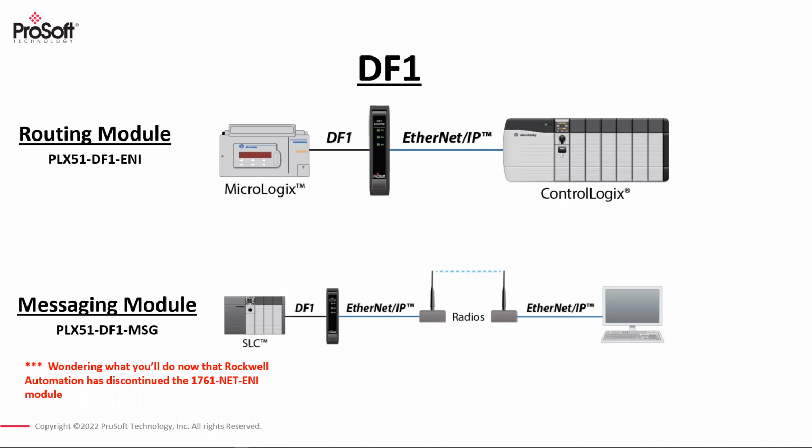There are different ways that we can also use this module, because one of the things that we don't have, and I'll talk about this a little bit later, is our ANX, which would allow for the connection to a PLC5. But if you aren't using that DF1 port on your PLC5, then this could be a potential option to get that communication to Ethernet IP from a PLC5.